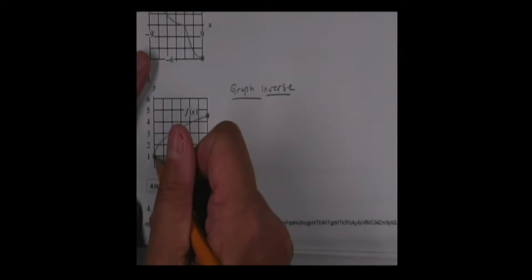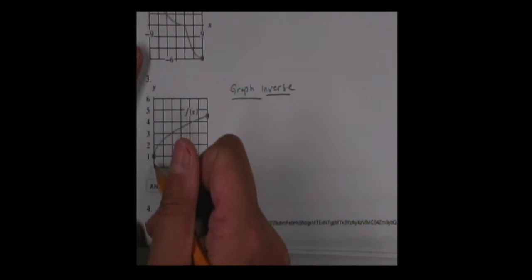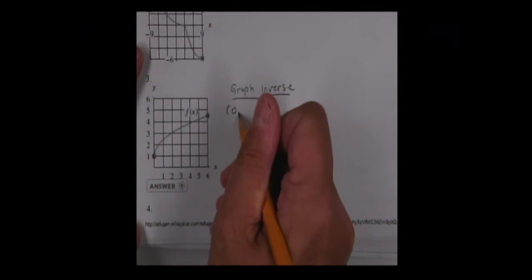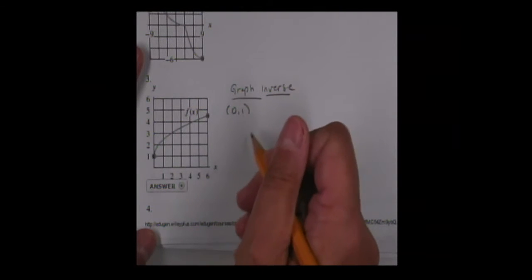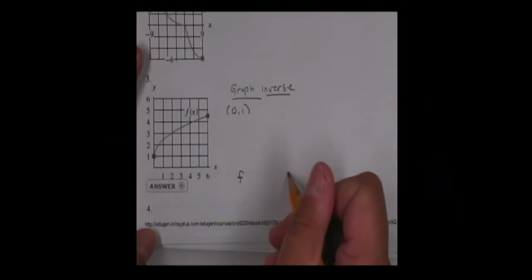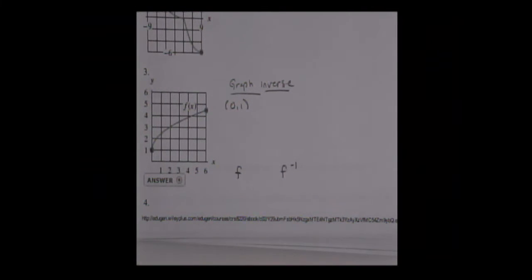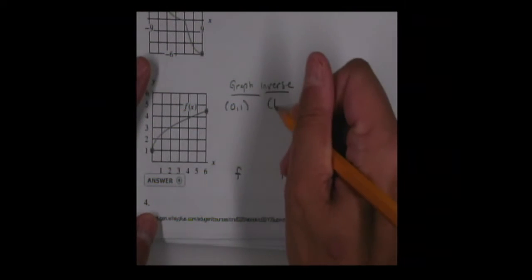So I could take this point here, which happens to be the point (0, 1), and these are going to be f points. I'll make some corresponding f inverse points. So if the point (0, 1) is on f, what point is on f inverse? (1, 0), I hear. Yep.